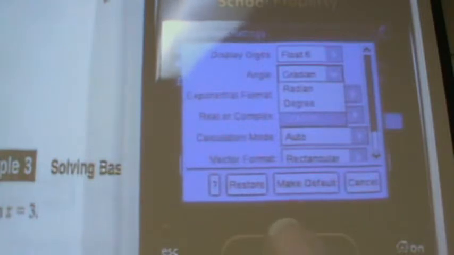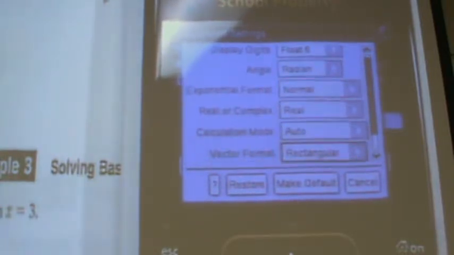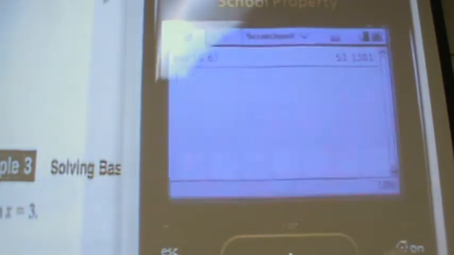And then hit make default. Okay, so there we go. So go to Scratchpad, calculate, and I'm gonna do trig, cosine again, and then 0.6. And I should get the right answer. There it is, 0.927.